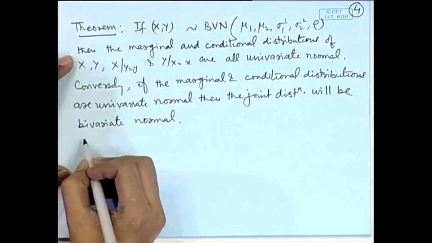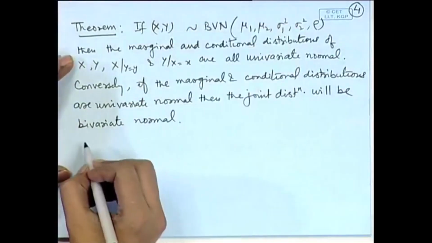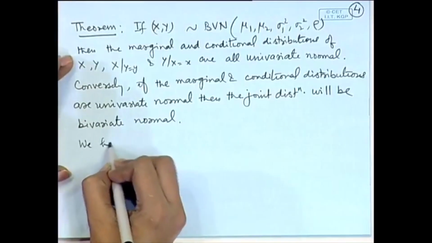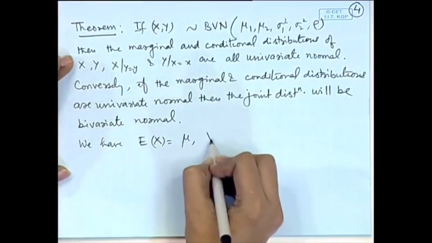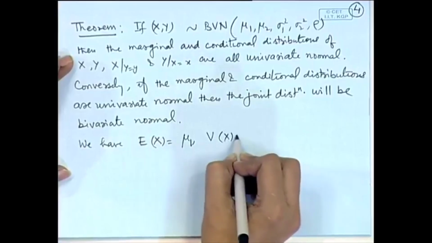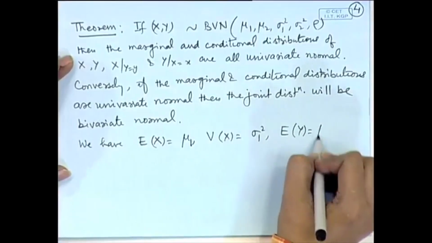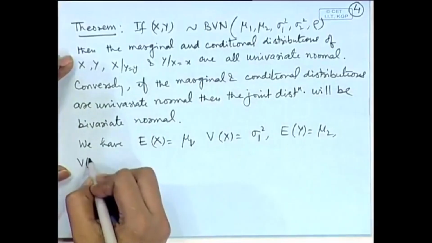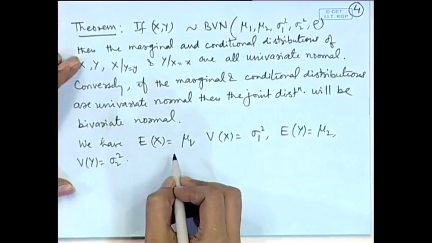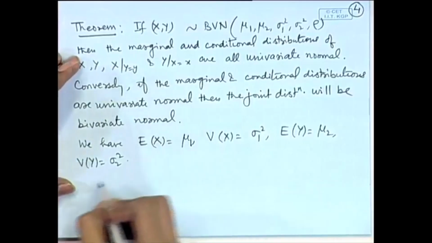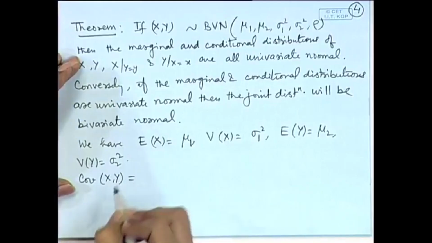So, since the marginal distributions are identified, we have expectation of x is equal to mu 1, variance of x is equal to sigma 1 square, expectation of y is equal to mu 2, and variance of y is equal to sigma 2 square. Now, we also consider the covariance term between x and y.